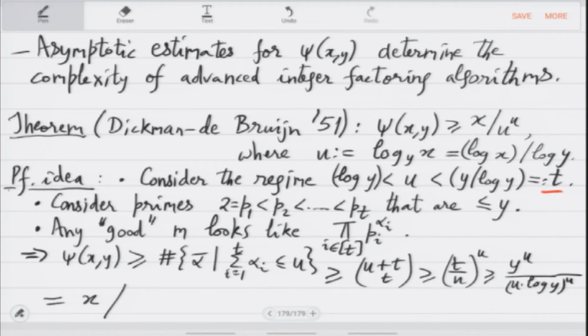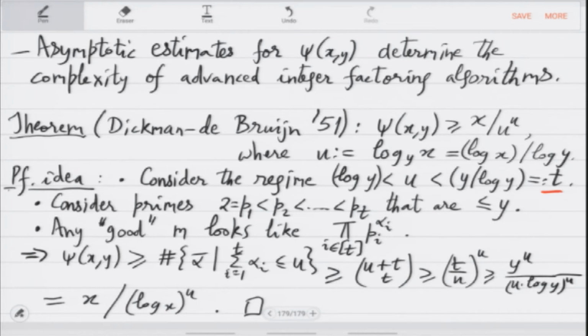That is log x. So that is some decent estimate. It's still not like u to the u, because u is actually smaller than log x, but we can stop here because x by log x to the u gives us some idea of how many y-smooth numbers there are below x.